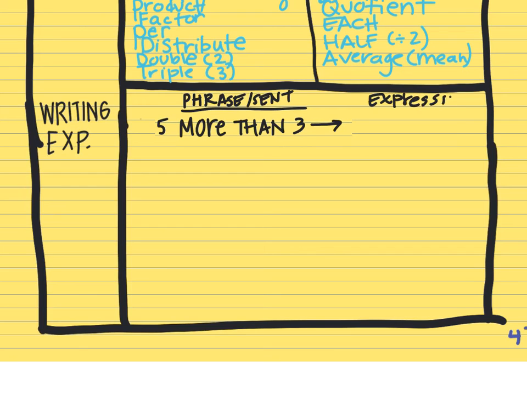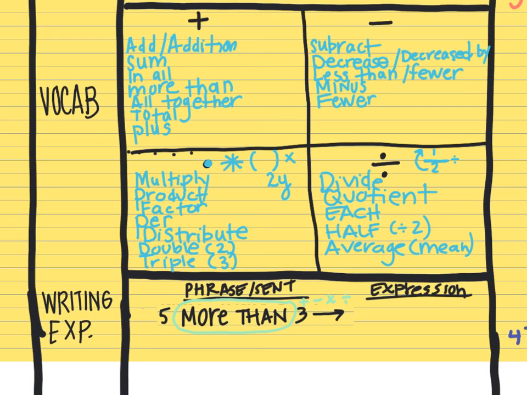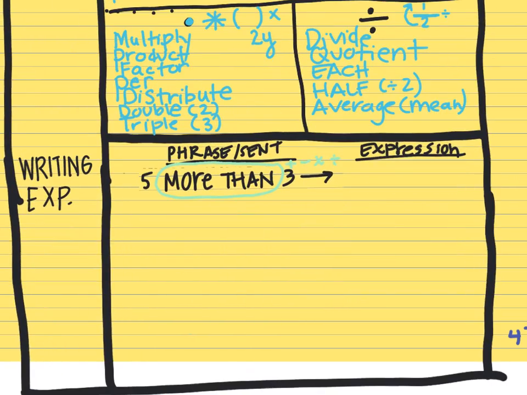In this case, the first sentence that we're working with is 5 more than 3. We have to ask ourselves, what does more than mean? Does it mean add, subtract, multiply, or divide? We only have 4 options. When we look up into our vocabulary, we find more than in the addition section.